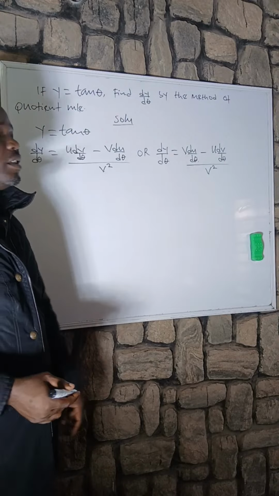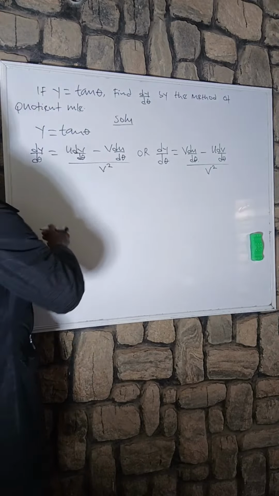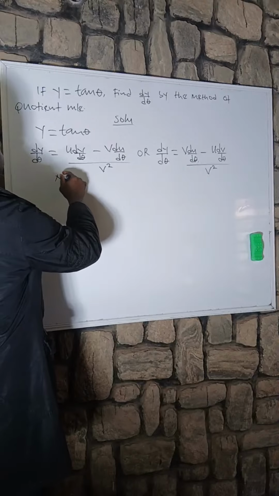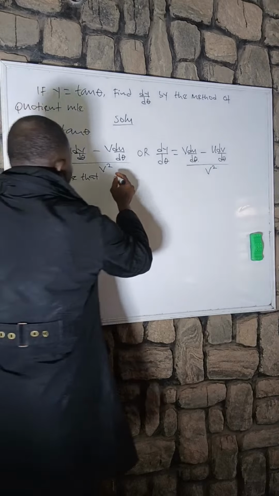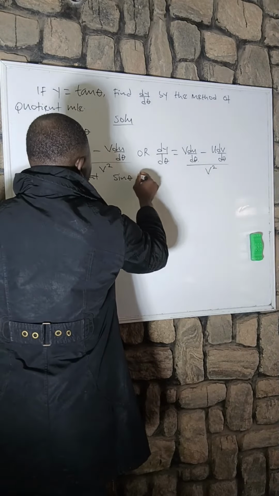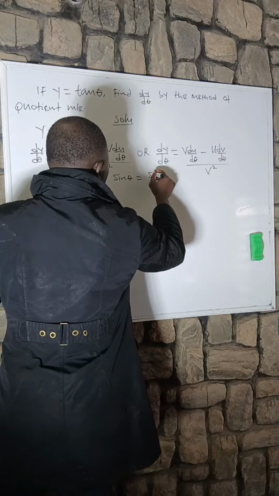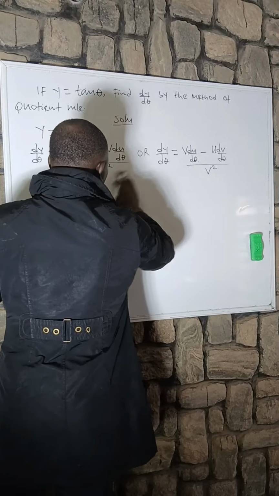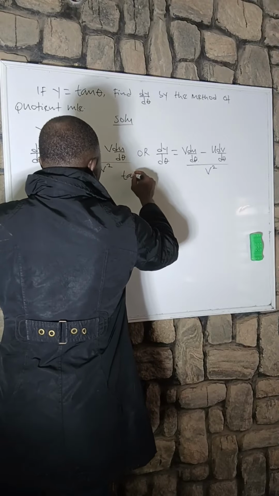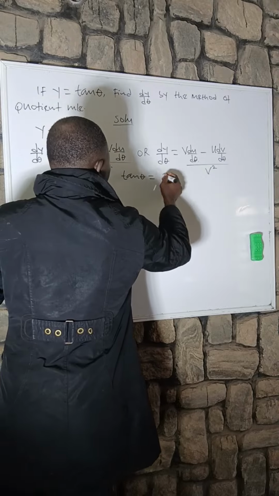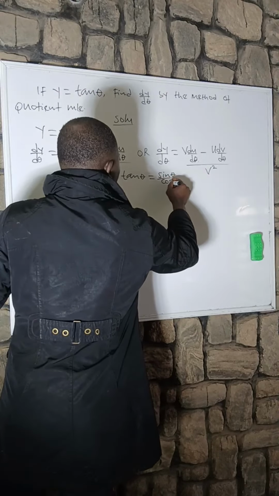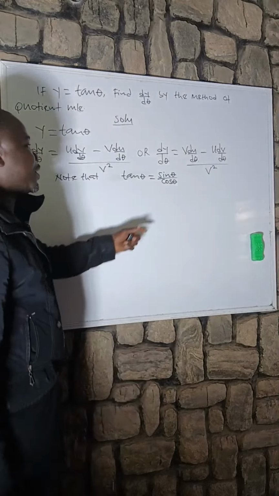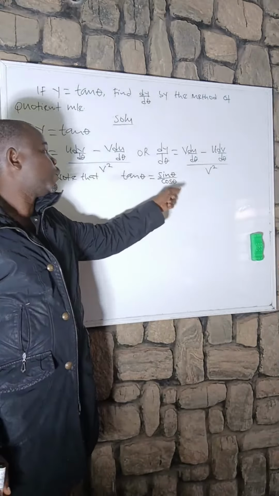So how are you going to use quotient rule to solve this? It's simple as ABC. Go back to trig. Note that tan theta is also the same thing as sin theta all over cos theta. So can you see your quotient rule now?